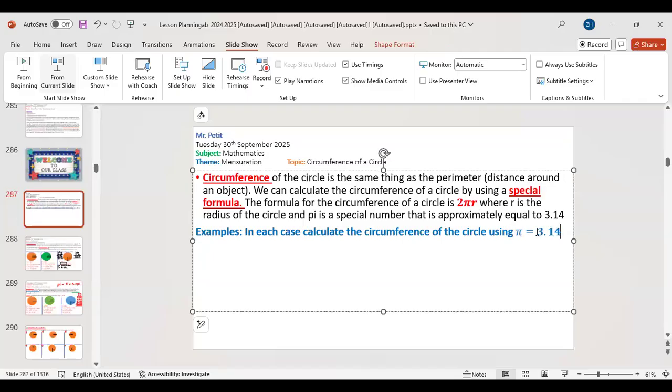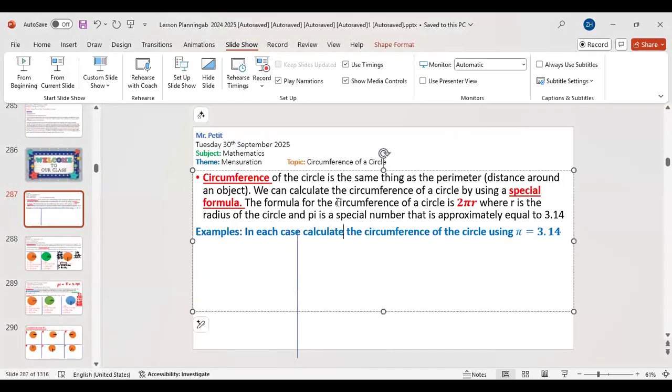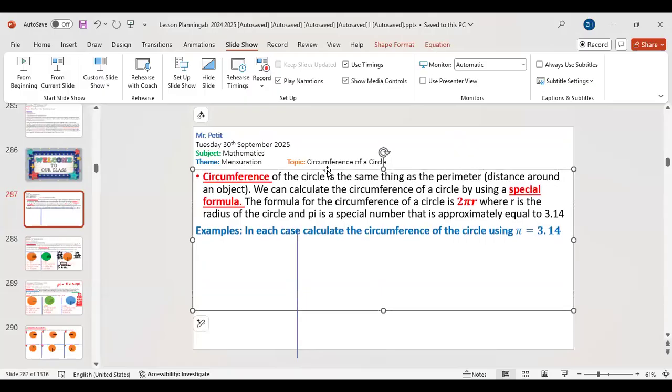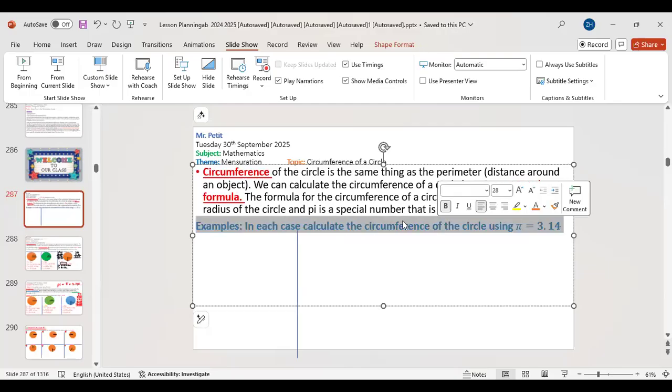Can that change? Does it always have to be 3.14? Yeah, it could be 22/7 they use. Very good. It could be 3, it could be 3.142. It could change, but in this particular question, we want to specifically use 3.14 because that's what they told us to do. So we just want to follow their instructions.